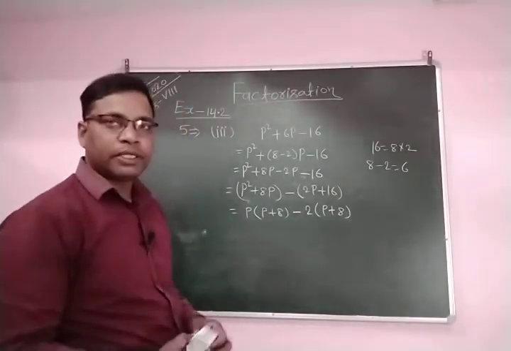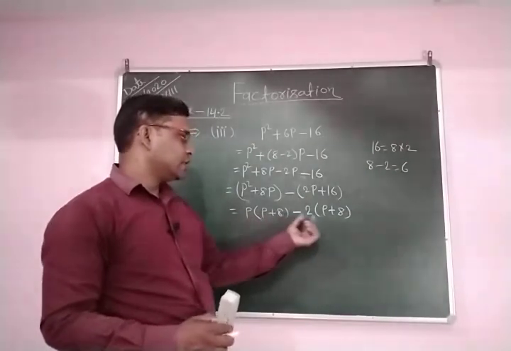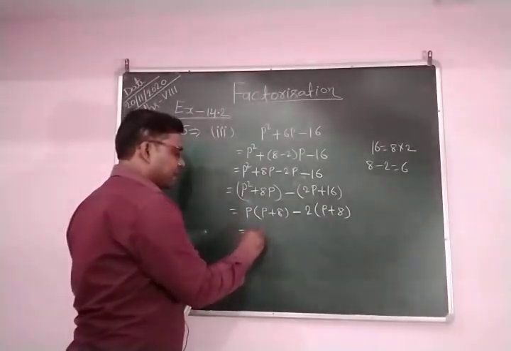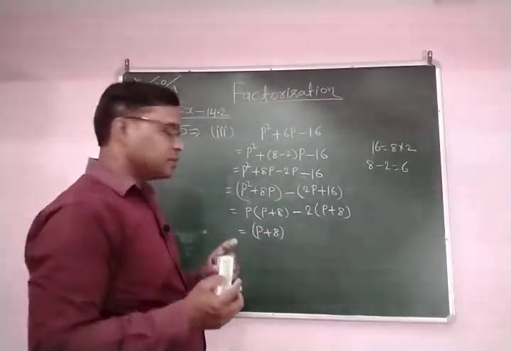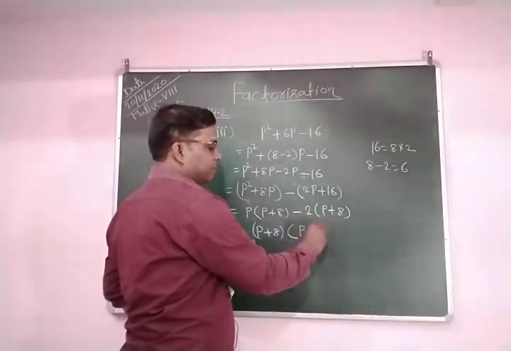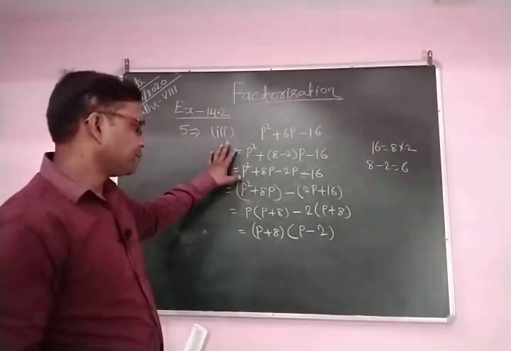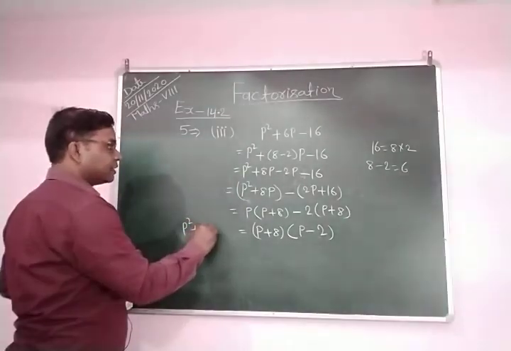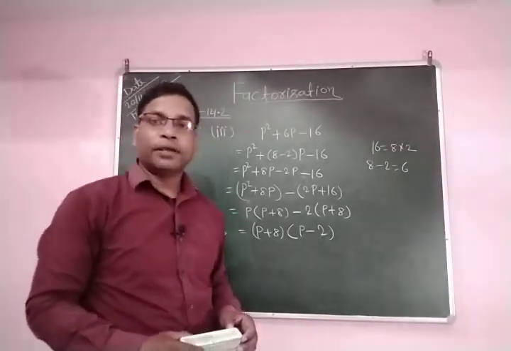If you take common p plus 8, then in the first group we have p, and in the second group we have minus 2. So in this way we can say the factors of p square plus 6p minus 16 are equal to p plus 8 into p minus 2.